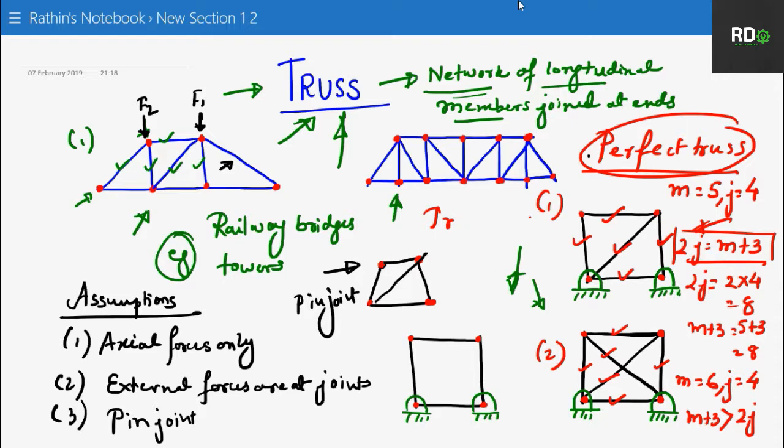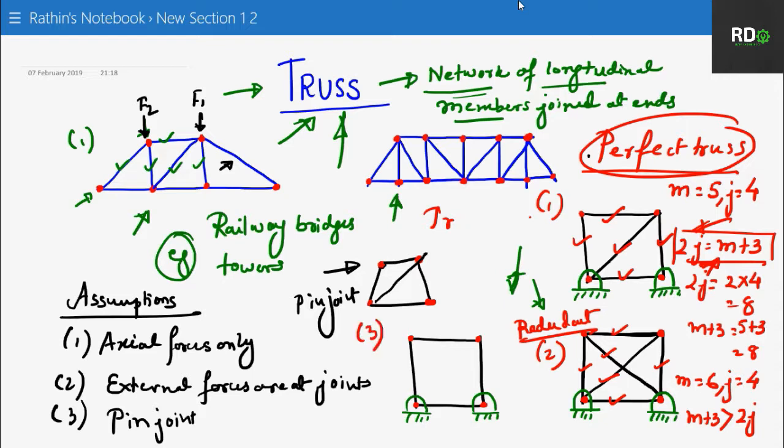In this case we call it a redundant system, meaning it is more than rigid. If it is a perfect truss, it will satisfy 2j equal to m plus 3.